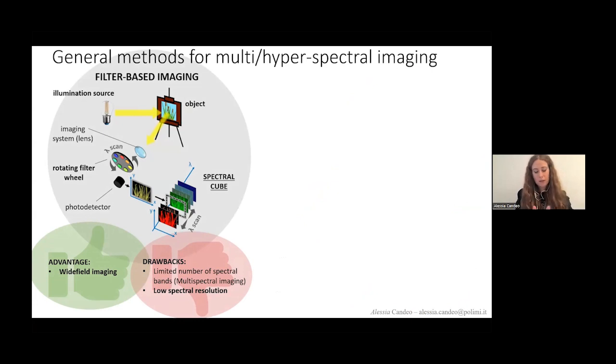In this manner, we can acquire many different images with a different spectral content. In this way, we can also retrieve a so-called spectral cube in a pretty efficient manner with this wide field technique. But of course, in this way, the spectral resolution is low because we are limited by the bandwidth of the filters that are being used.